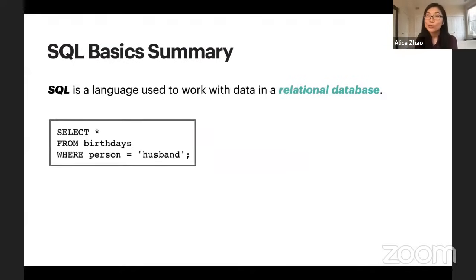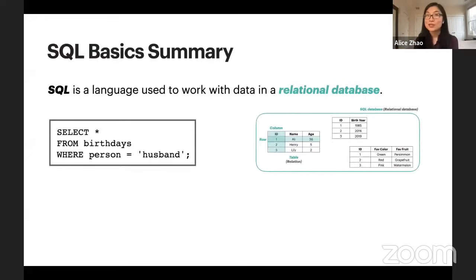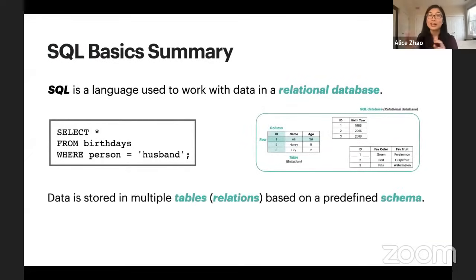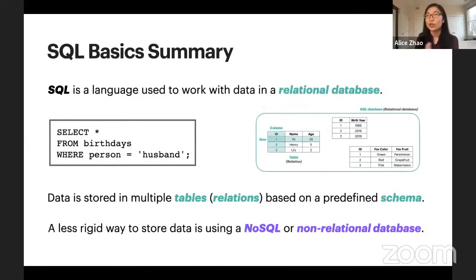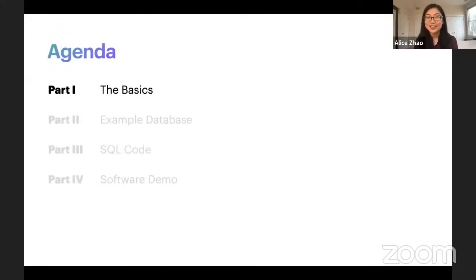This is what the language looks like, and this is what a relational database looks like. You can see here there are a lot of tables, everything has a lot of structure, and the data is planned out. On the flip side, you have a less rigid way of storing data, which is using a NoSQL or non-relational database. Okay, so those are the basics.